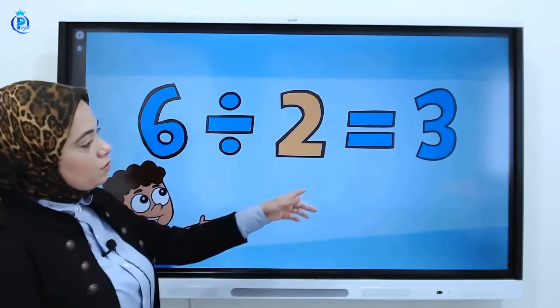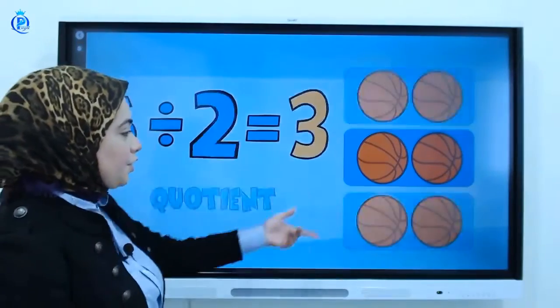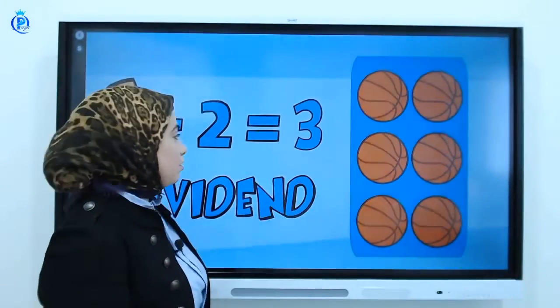Six divided by 2 equals 3. 3 groups. I split it.